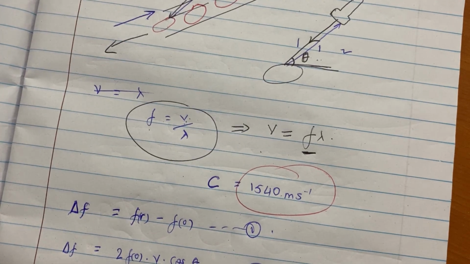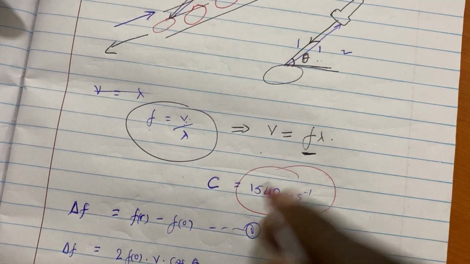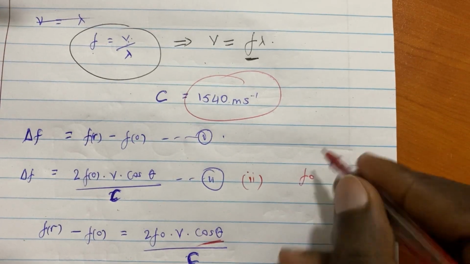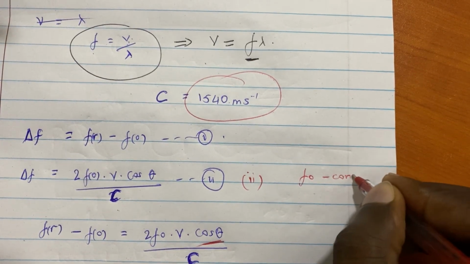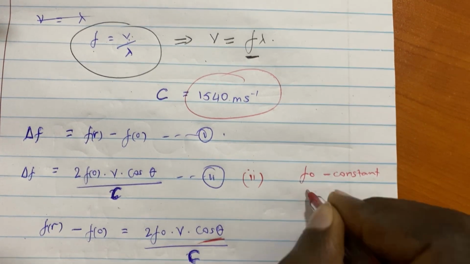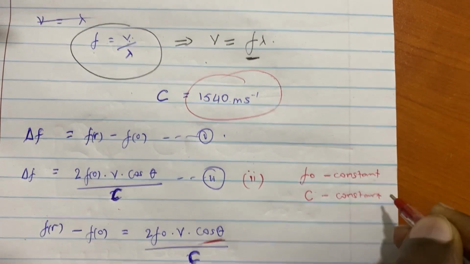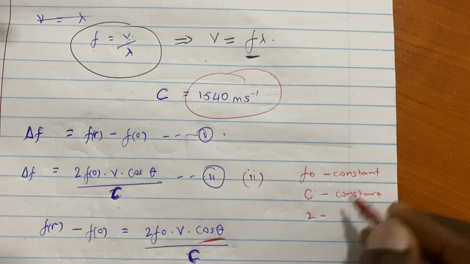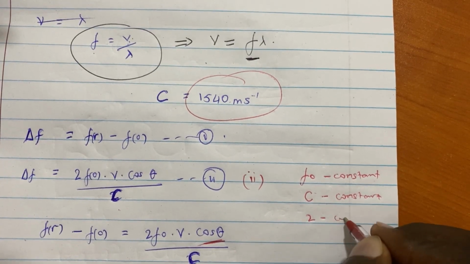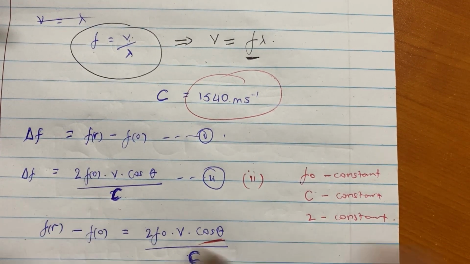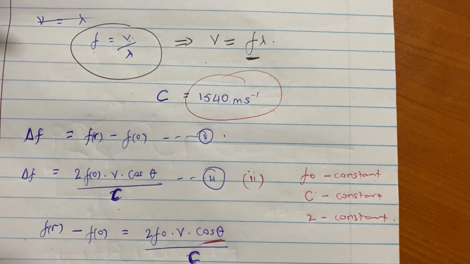It cannot change. So in these equations, F naught is constant, C is constant, 2 is also constant, V we don't know.